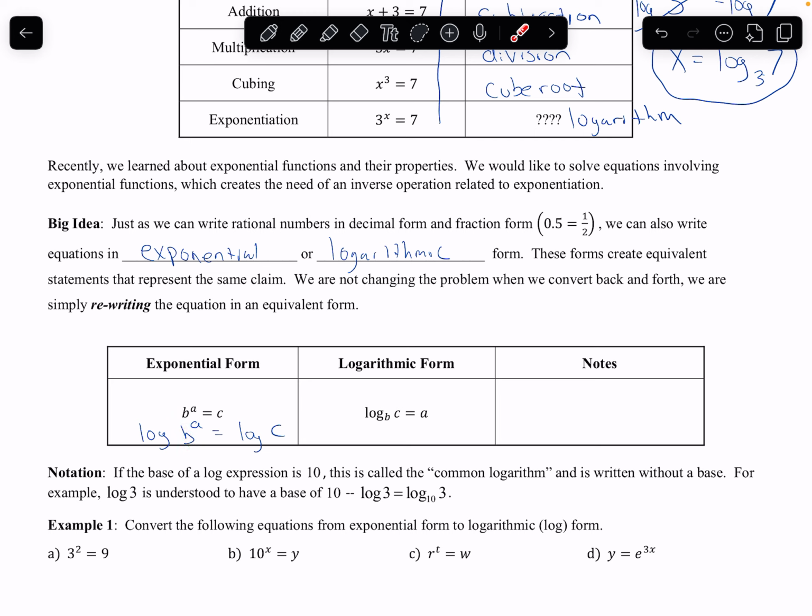So it's going to be log base b of b to the a, equals log base b of c. And since these are opposites, they cancel each other out. The log base b cancels out the b, leaving you just a equals log base b of c.